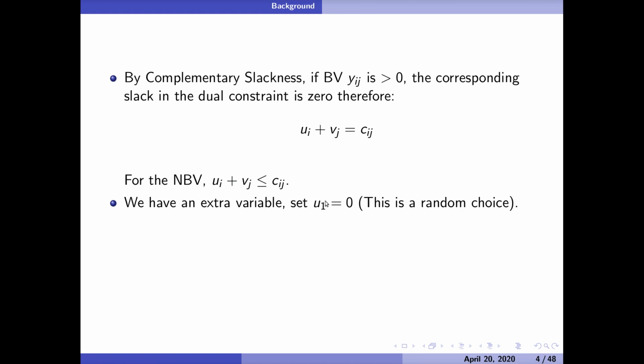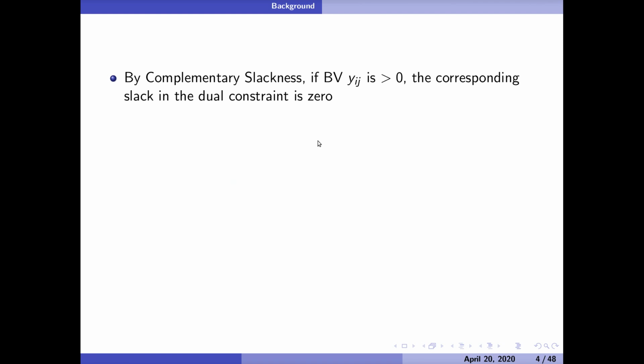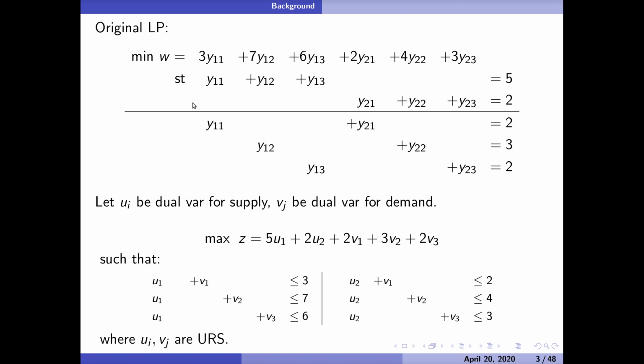And so one thing you'll see when we're setting up these equations is that we have an extra variable. Why is that? Well, remember, how many variables do we have altogether? Do you remember? In general, you have m plus n variables, but do you have m plus n equations? We actually do have m plus n equations, right? We have 6 equations down here, but the problem is that the rank of the matrix is not that.